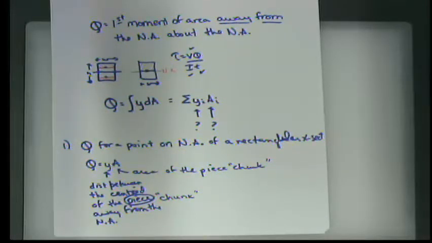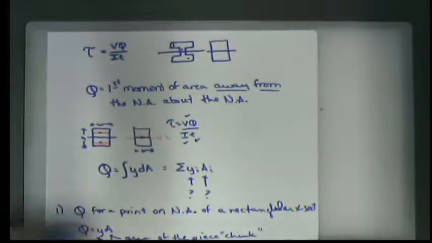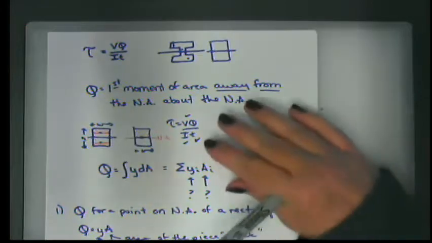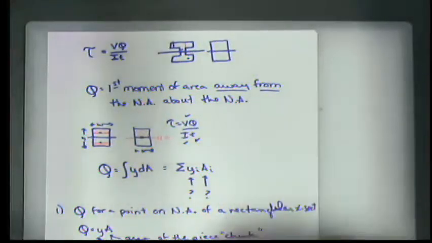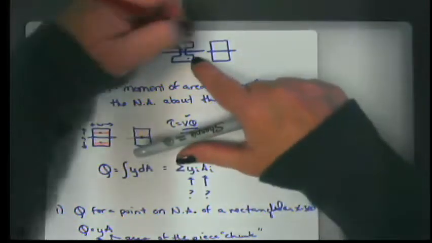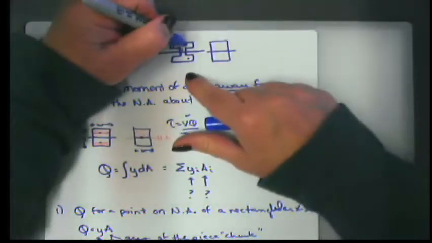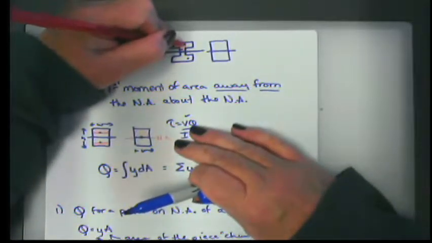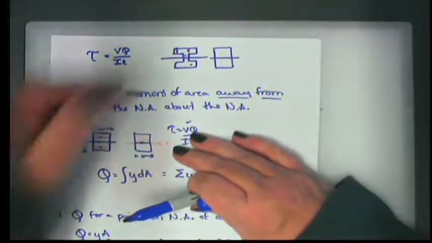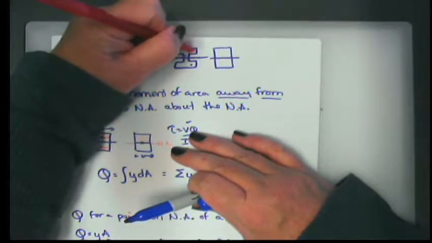Y is always up and down, but the chunk can be either. For example, you could throw away all of that, well, for finding Q, yes. If we wanted to find the shearing stress right here on this I-beam, we would draw that line like this. The chunk is going to be over here.